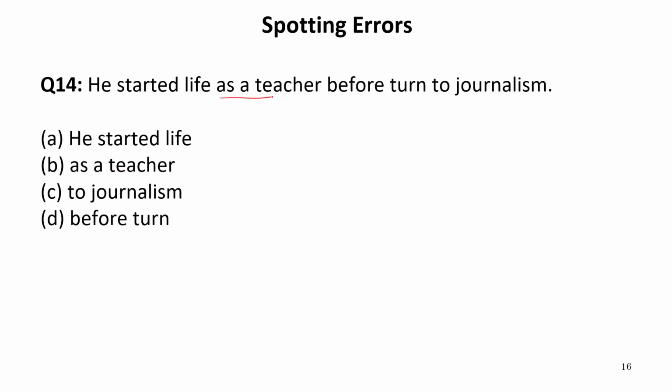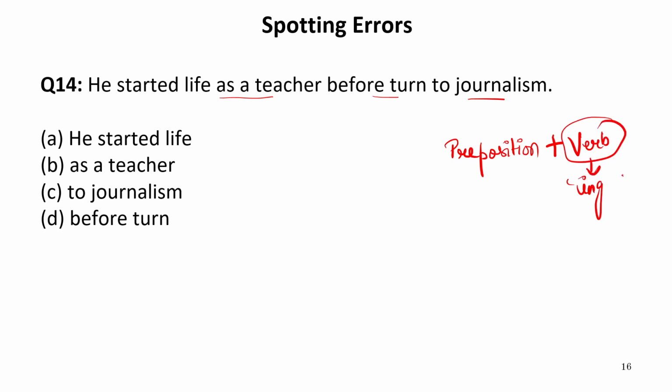He started life as a teacher before turned to journalism. Now this one is very, very simple. Whenever we have a preposition carrying a verb, this should be in ing form always. It means whenever there is a verb after the preposition, it should be in ing form always, except the preposition to, because with to we use verb of first form.